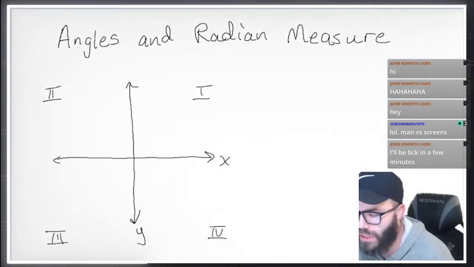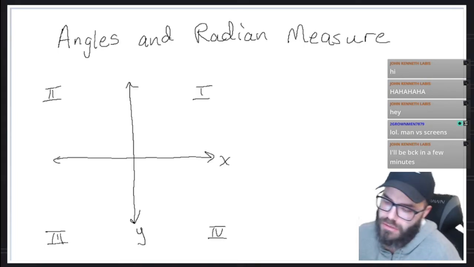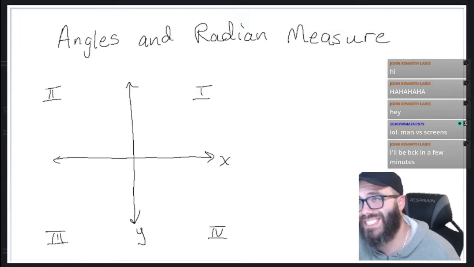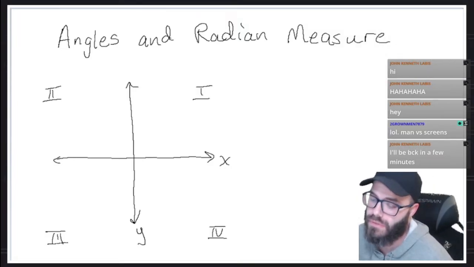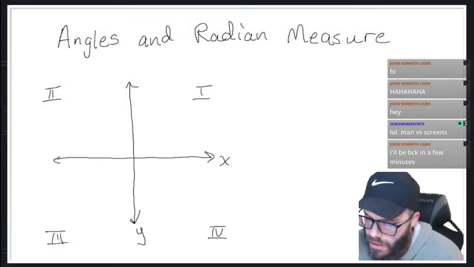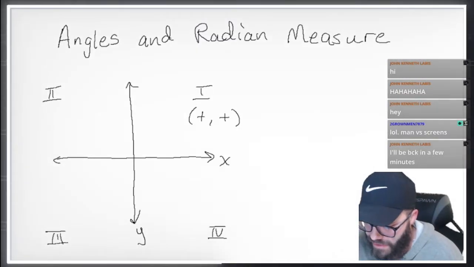If we have a point that lies in a particular quadrant, we know the sign of the x and y coordinates. Any coordinate in quadrant 1 has a positive x, positive y value.